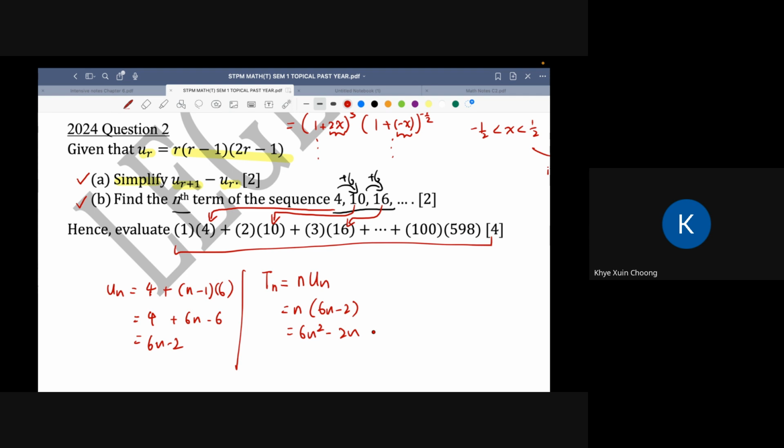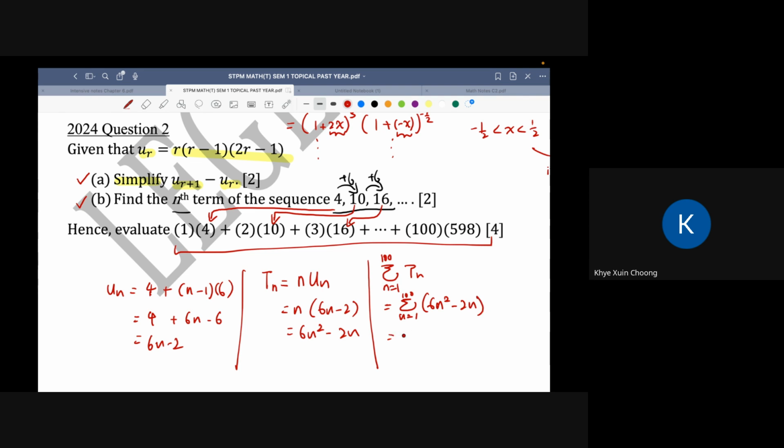Now, if we want to find the sum of these, the sum from the first term until the 100th term, the sum of this is the sum from n equals 1 to 100 of Tn, which is the sum from n equals 1 to 100 of 6n squared minus 2n.